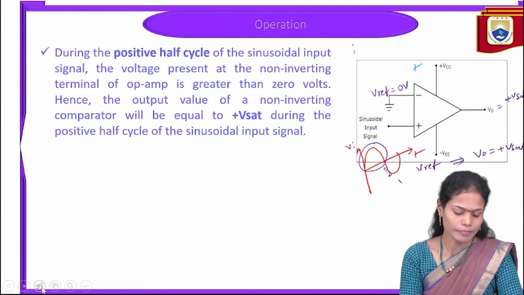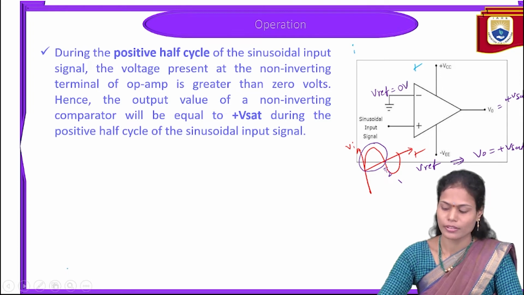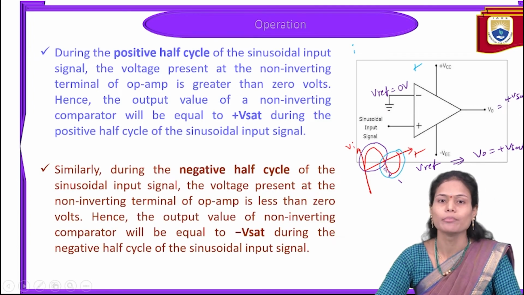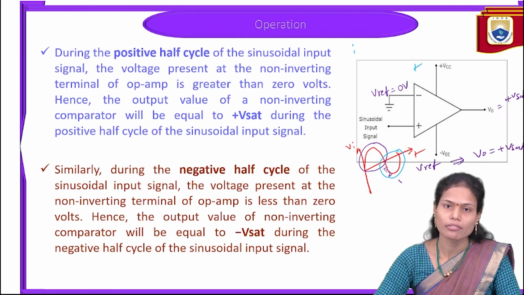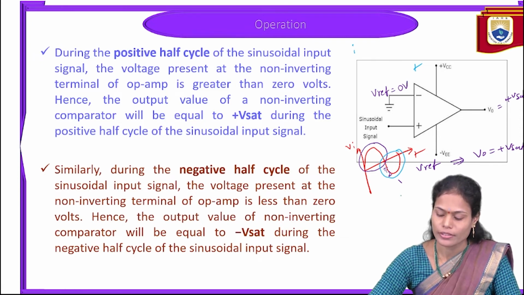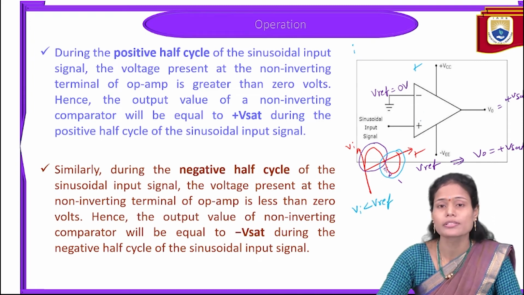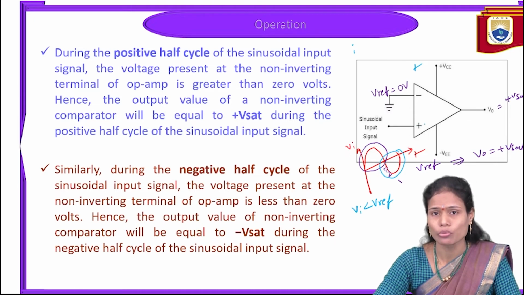And similarly, if I take the negative half cycle of the input signal, what will happen? This Vi is less than the V reference voltage. For the positive terminal we are providing the negative voltage.